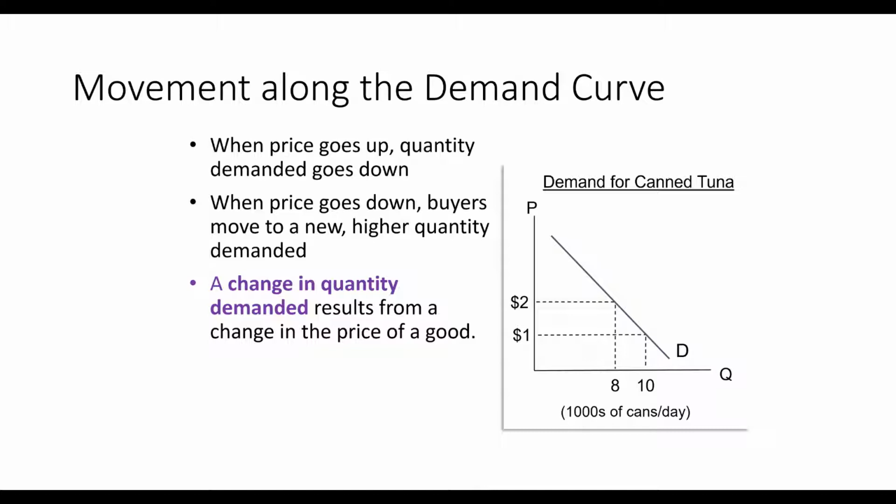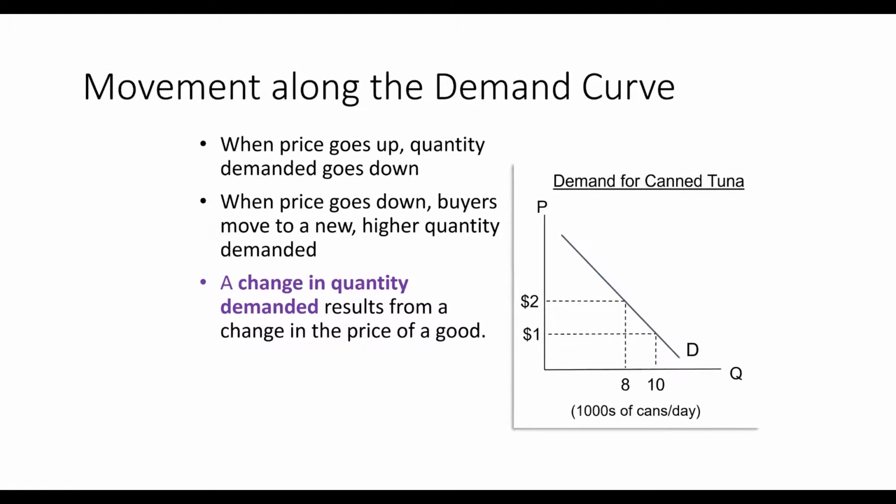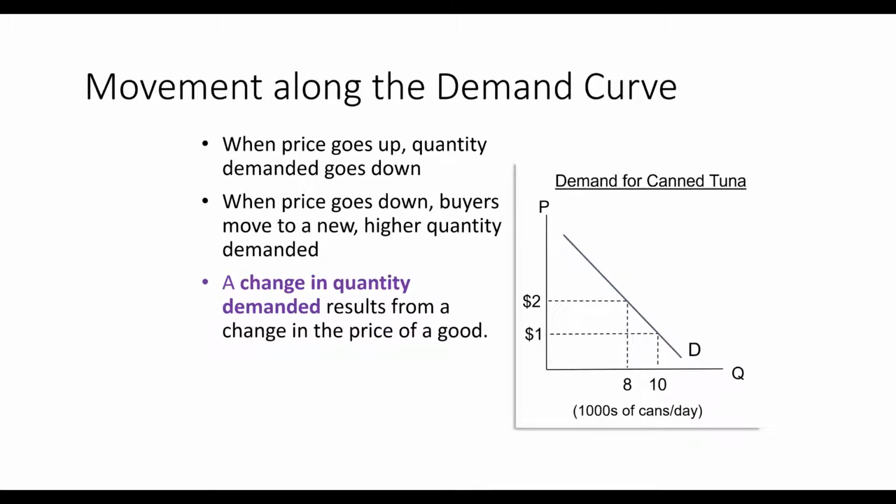But if the price of canned tuna falls from $2 there to $1, then there's going to be a movement along the demand curve from point A to point B, and the quantity will increase from 8,000 to 10,000.